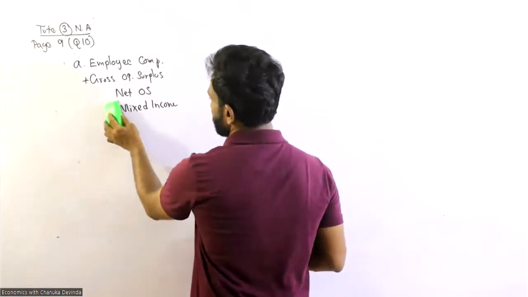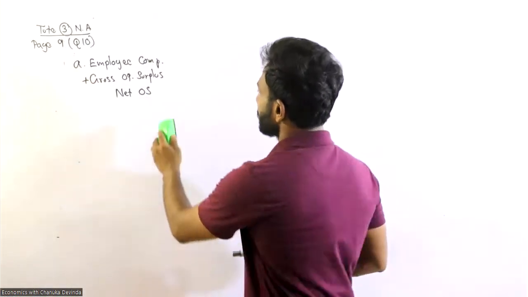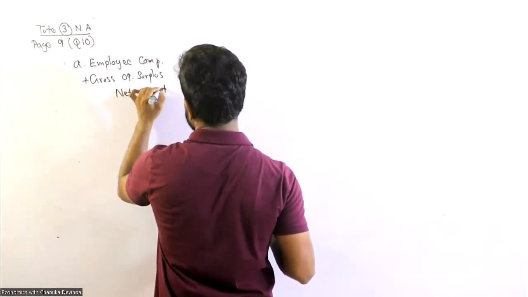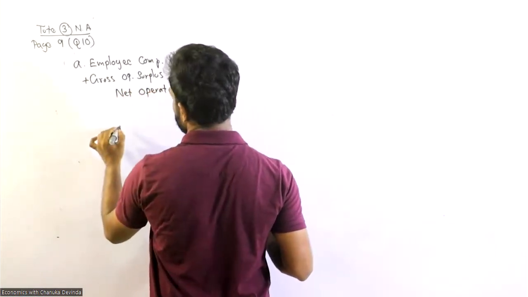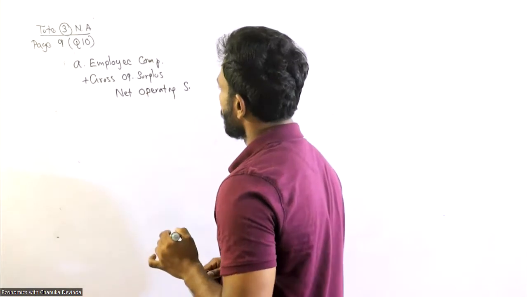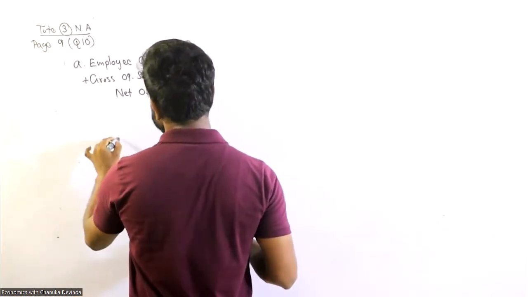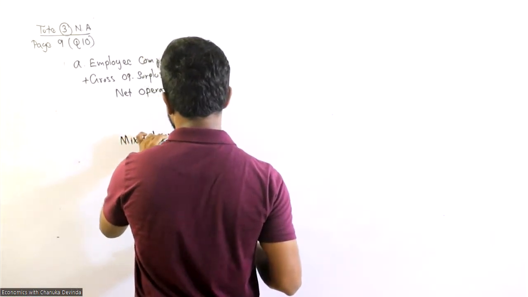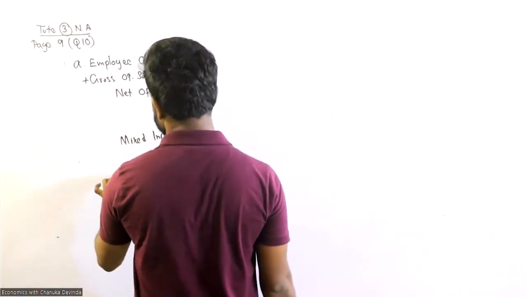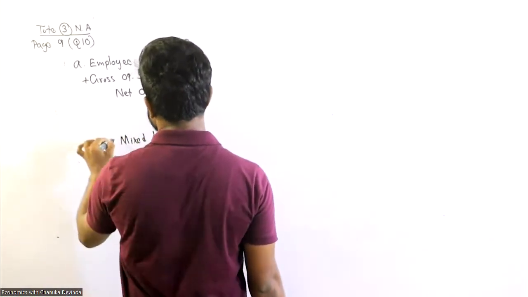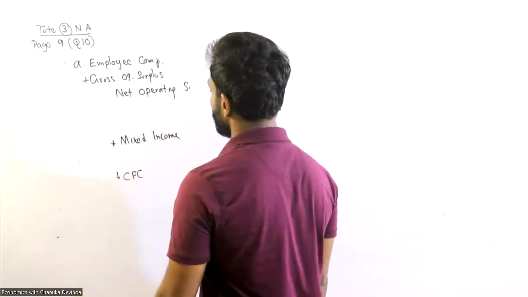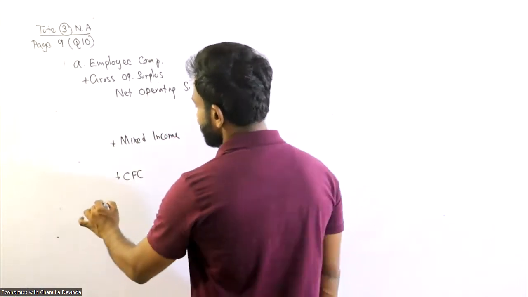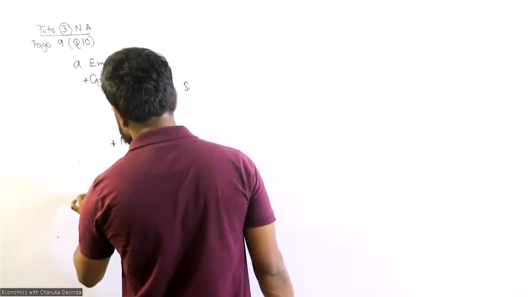I think we need some space to calculate net operating surplus. All these three things need to be added. And one more item was there, net tax on production.